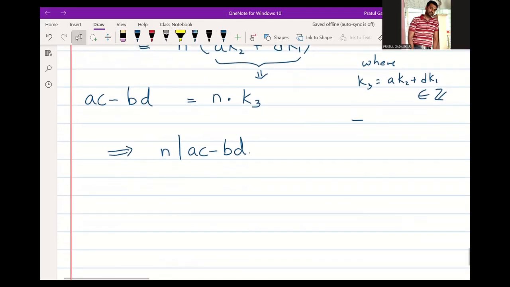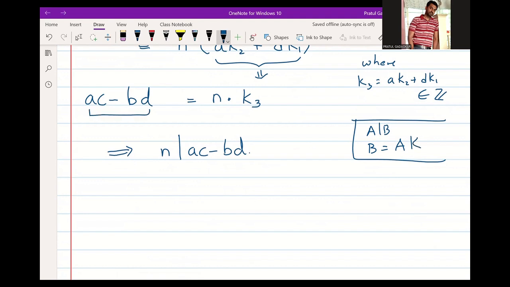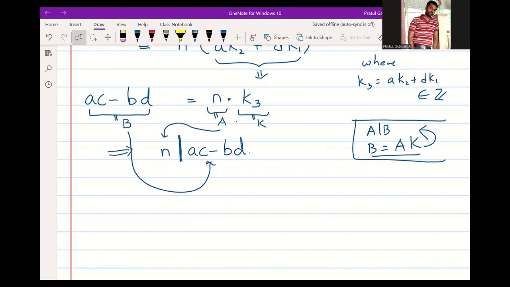Let me write it here again. If you recall, A divides B means B is equal to AK. Here this plays the part of B, this plays the part of A, and this plays the part of K. If B is equal to AK, then A divides B. So this means n divides AC minus BD.